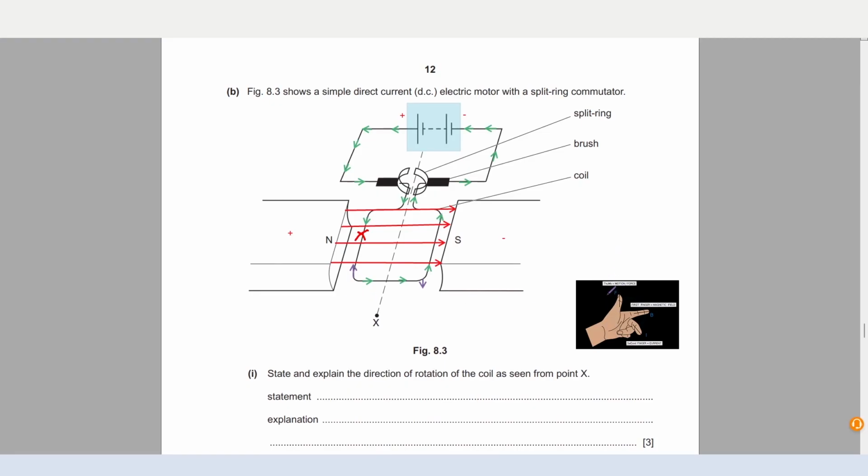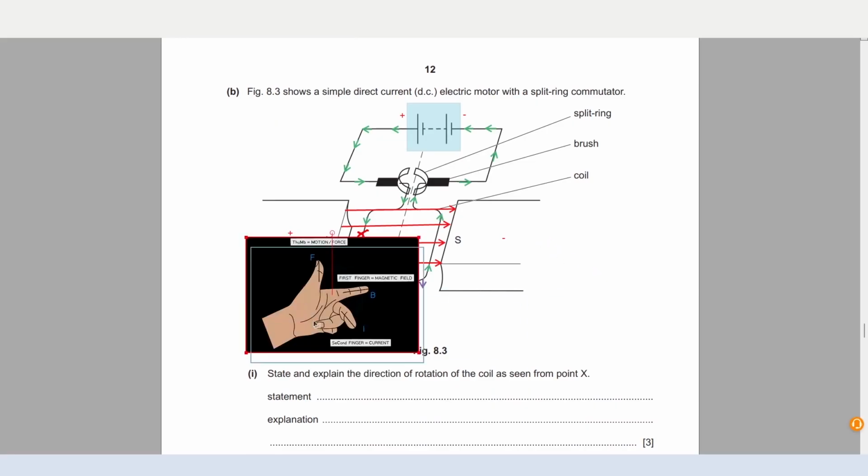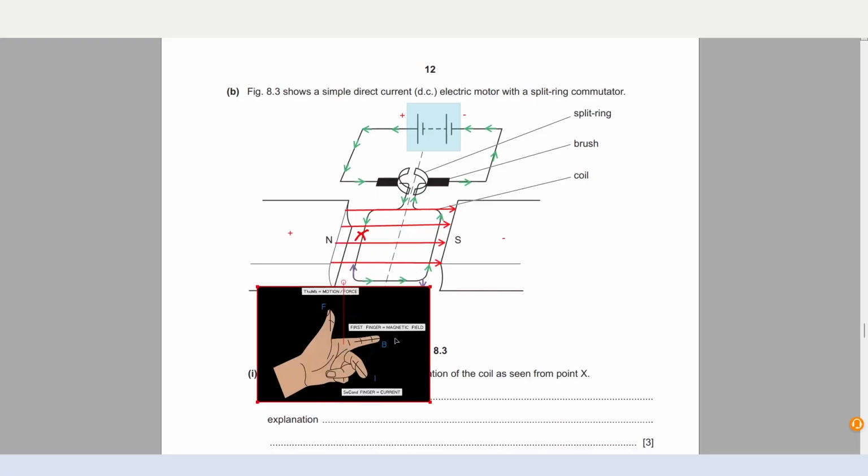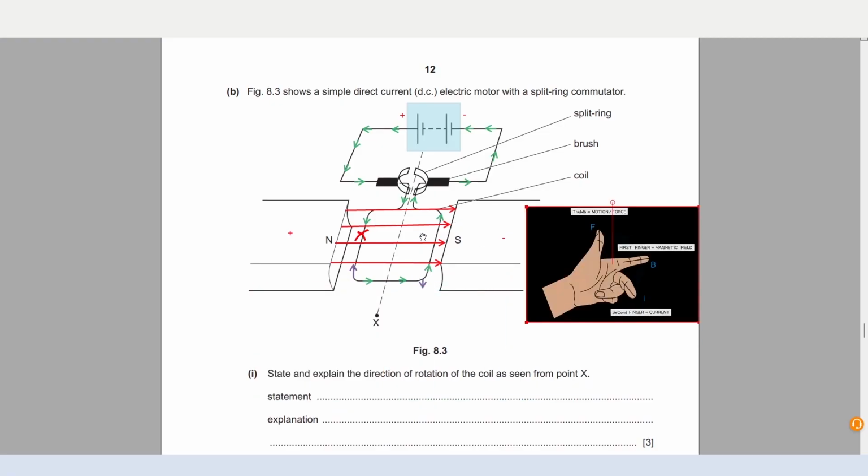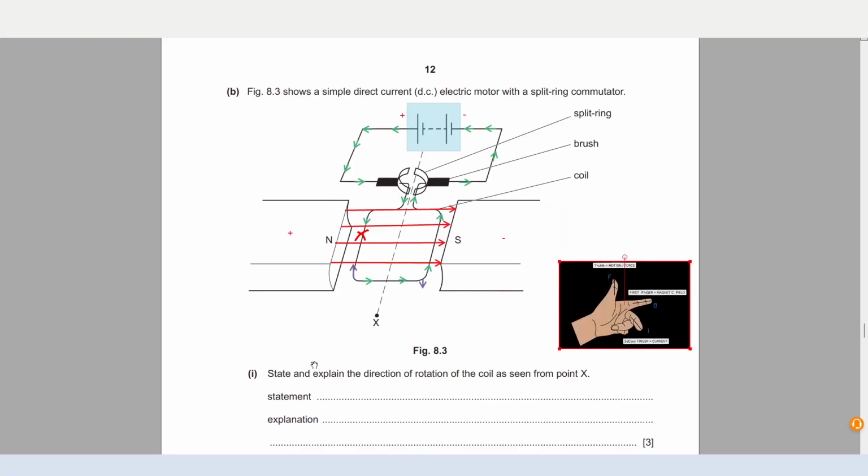If we use our Fleming's left hand rule, the force is going to be up. And when you change the direction of the current, the force is going to be down. If we point our second finger into the paper, the force is going to be downwards, according to Fleming's left hand rule. So we can write down here, it has a clockwise rotation.